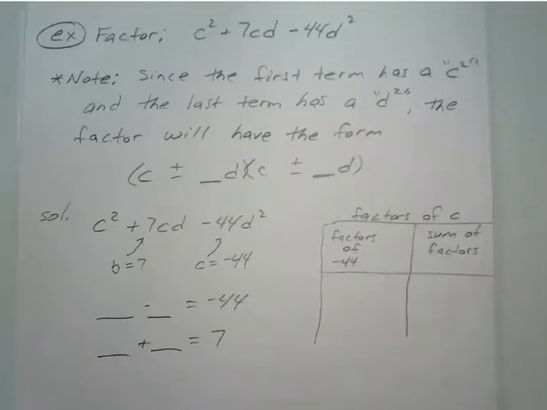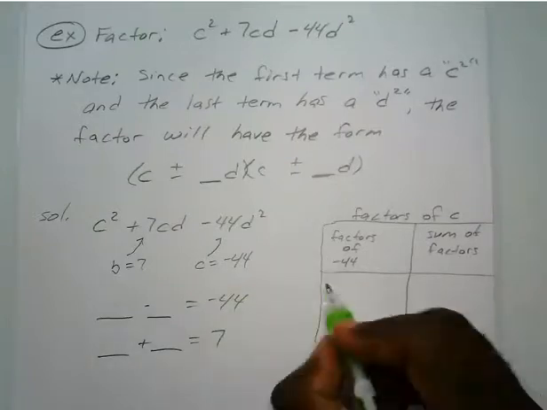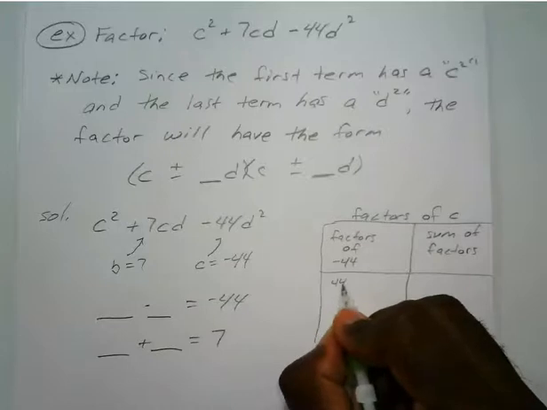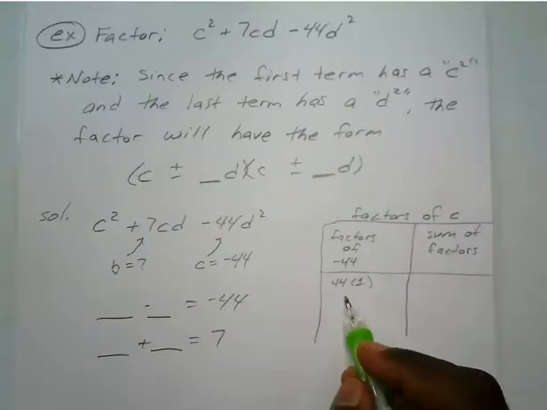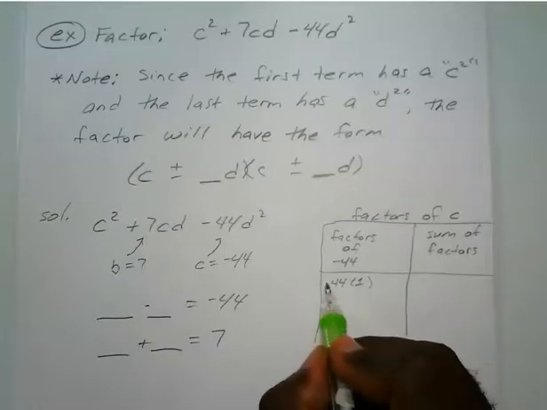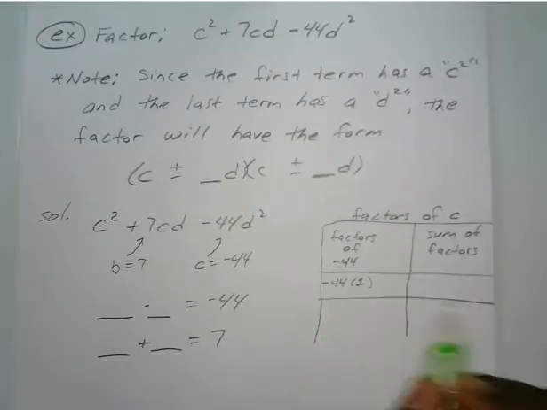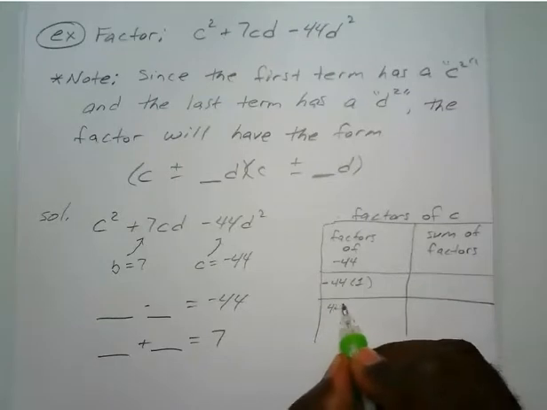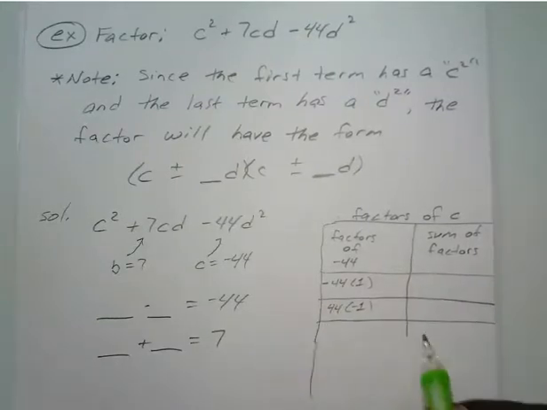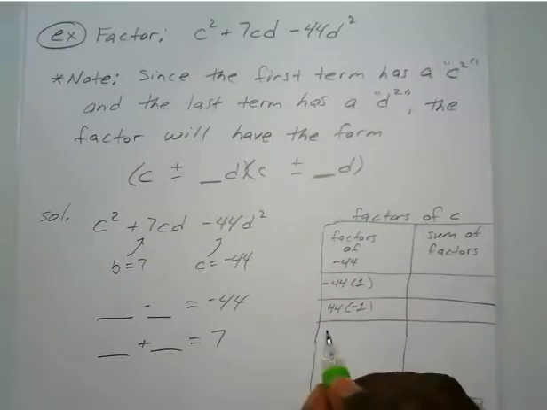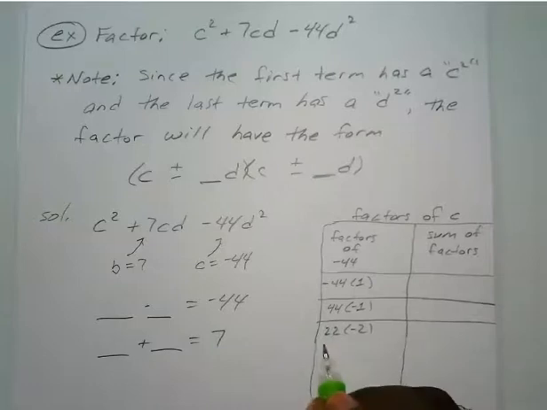We're just going to look at the positives to start off, and then switch between positive and negative. So we have 44 times 1, so we can make that negative, and then we have positive 44 times negative 1. Then you have 22 times negative 2, and you have negative 22 times 2.